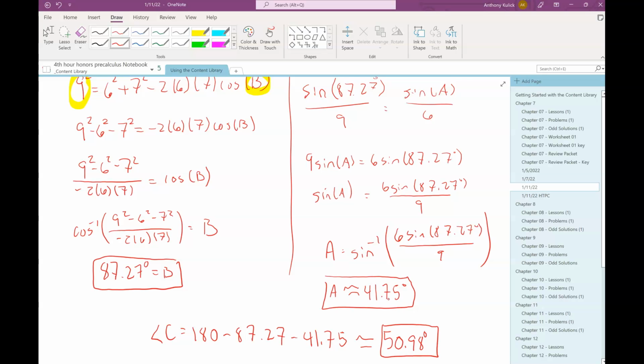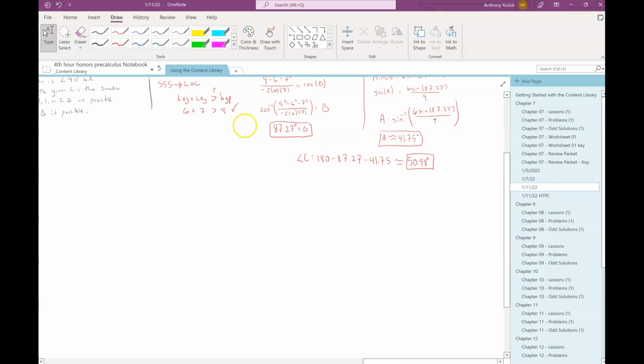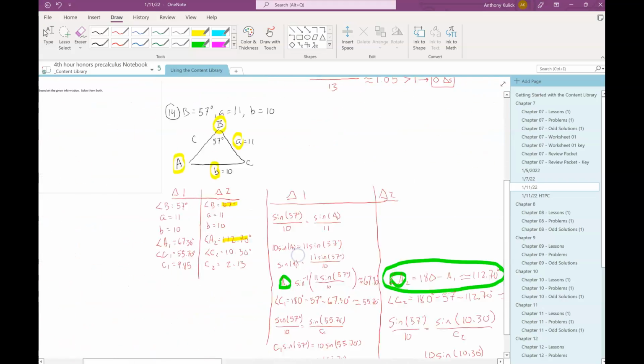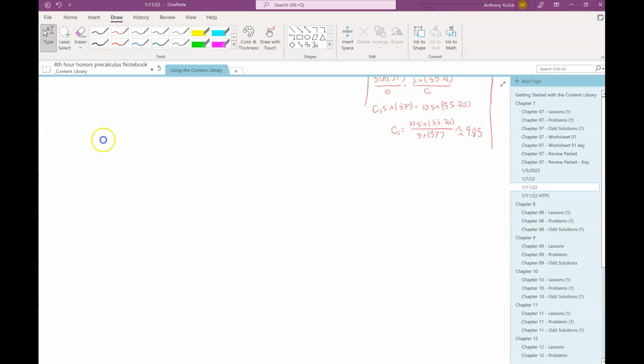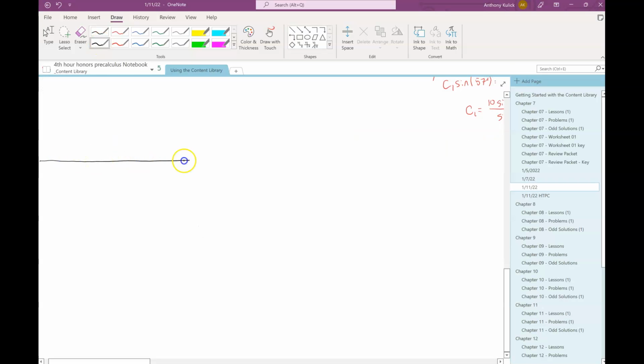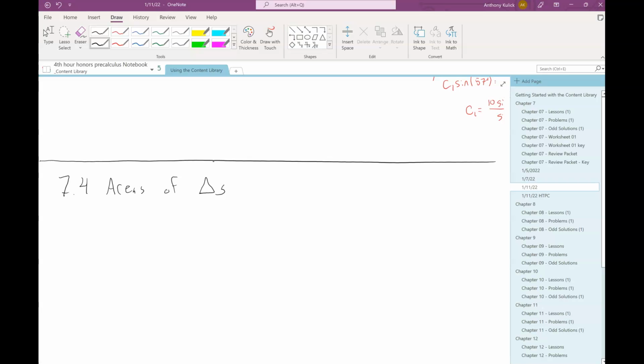Okay, well, let's get through section 7.4. That's the last section for us. So here we're going to be looking at the areas of triangles.